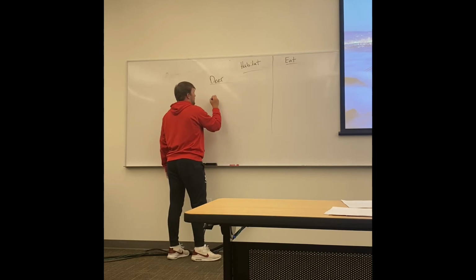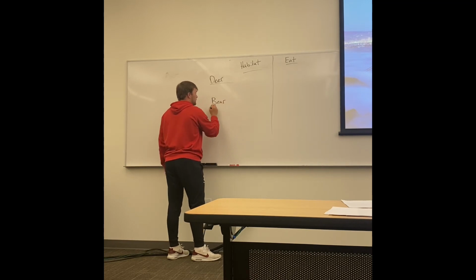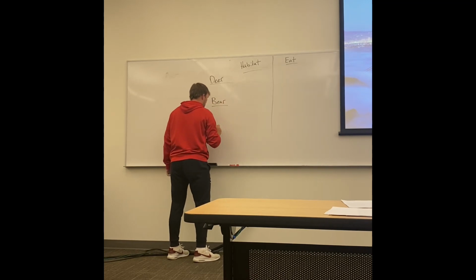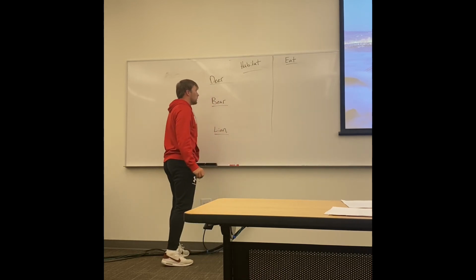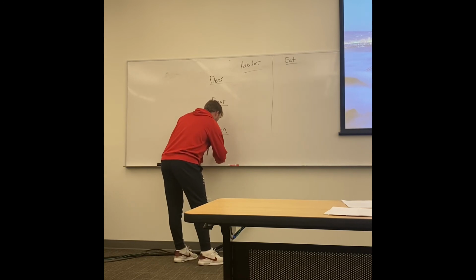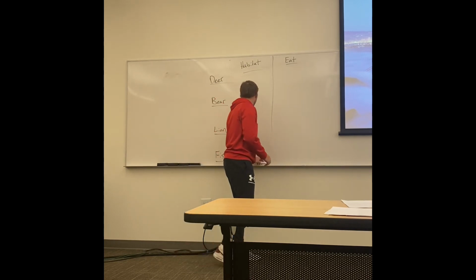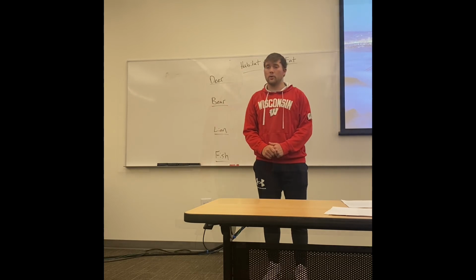We had a bear group. We had a lion group. And finally, we had a fish group. So why don't we start with the deer group, and you guys can tell us a little bit about deer.